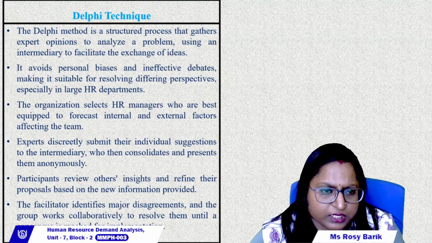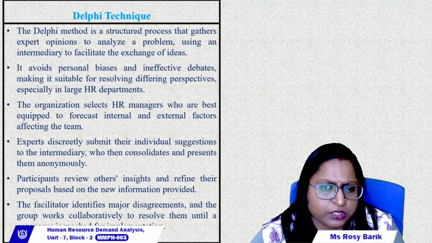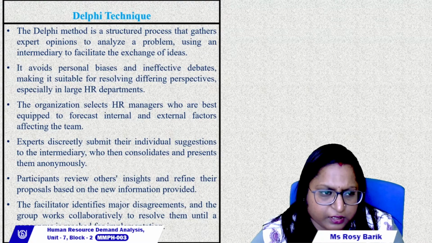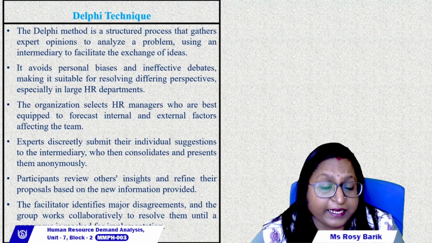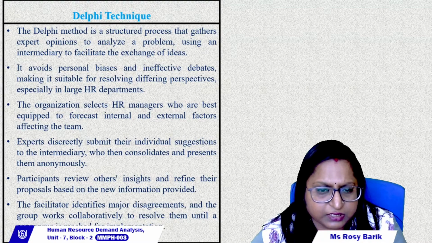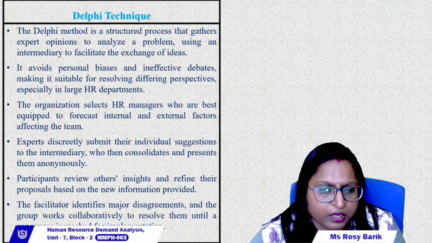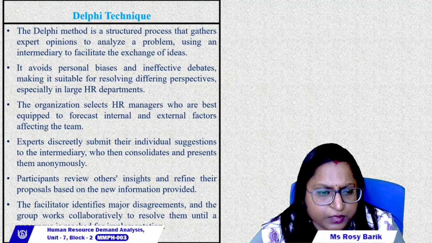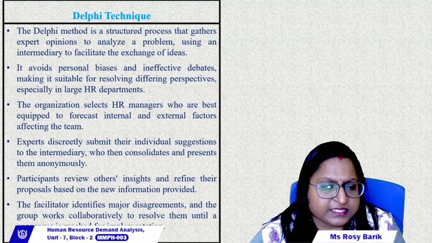Participants review others' insights and refine their proposals based on the new information provided. The facilitator identifies the major disagreements and the group works collaboratively to resolve them until a consensus is reached for the implementation.